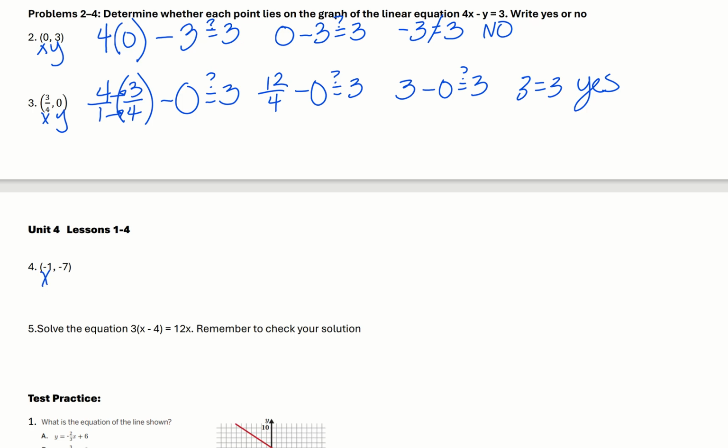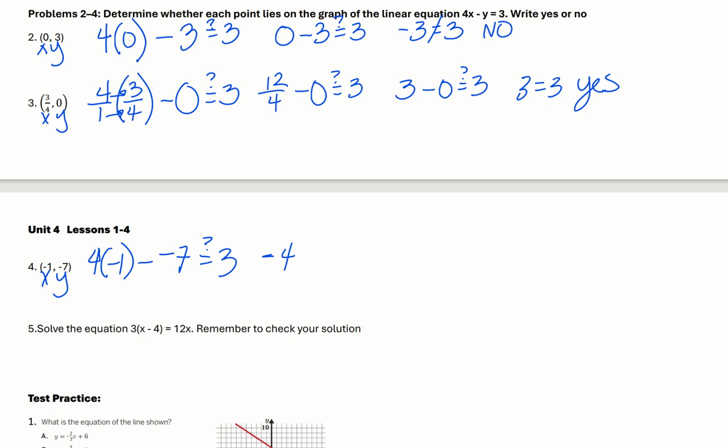So next one, this is x, this is y, same exact equation. 4 times negative 1 minus negative 7. Now remember that minus sign does not take care of that negative sign. They both have to be there. I want to know if this equals 3. Well, 4 times 1 is 4, and a positive times a negative is a negative.